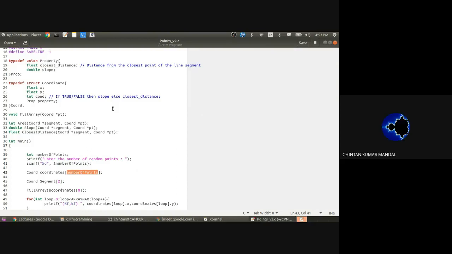Look, this is a property which is being used in C++.